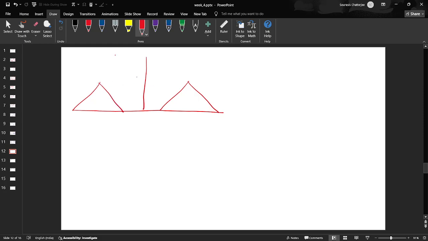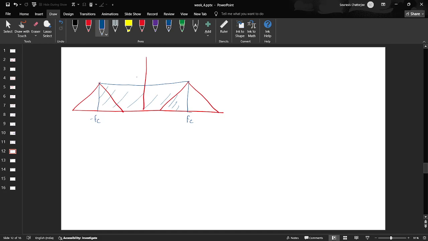If I plan to get the LSB or lower sideband spectrum, I will use a filter like this, that essentially is going to pass anything that is in this domain and stop the rest of the part.